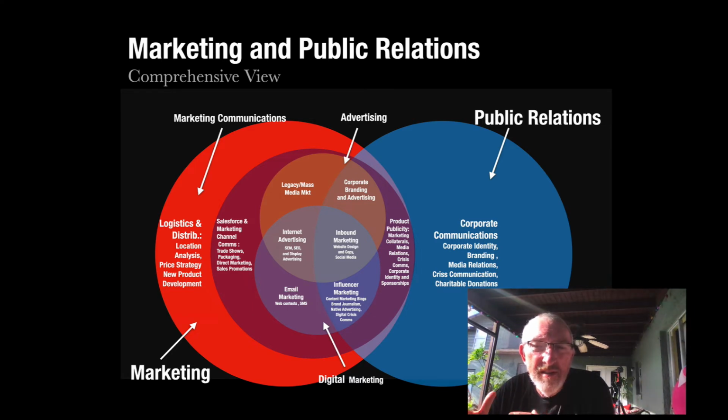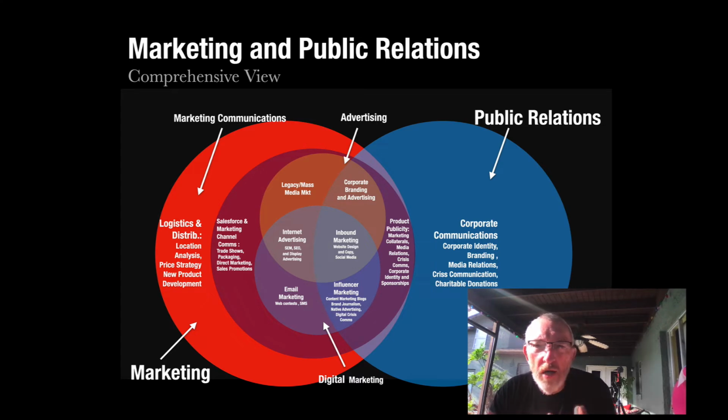And as you can remember from new media marketing, influencer marketing includes content marketing, it's brand journalism, it's native advertising, and it also happens to be when we have a crisis that public relations is dealing with. So we would call it digital crisis communications. And then finally, there's product publicity that again fits into both realms.